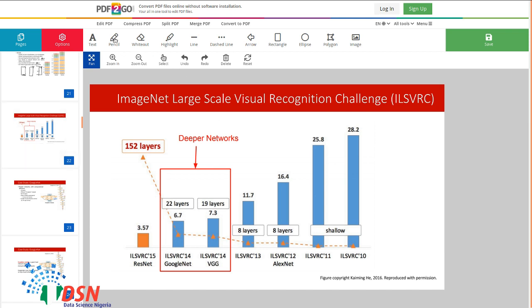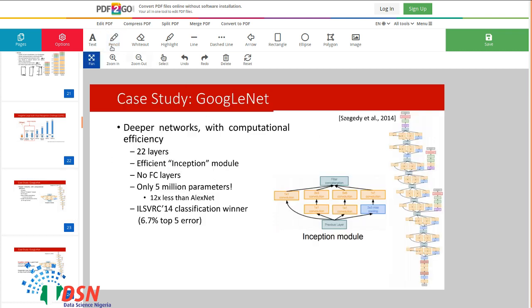So let's now move on to GoogleNet. Okay, so in GoogleNet we want to see what the architecture is. GoogleNet has 22 layers, and in fact it is created from some sub networks, some very small networks.